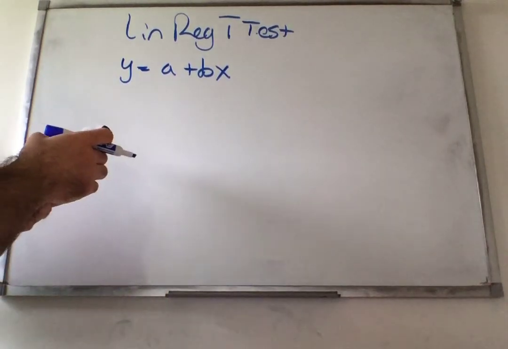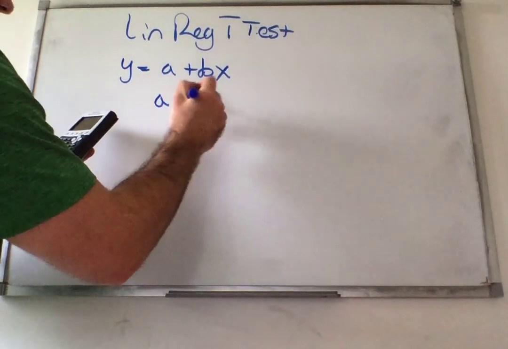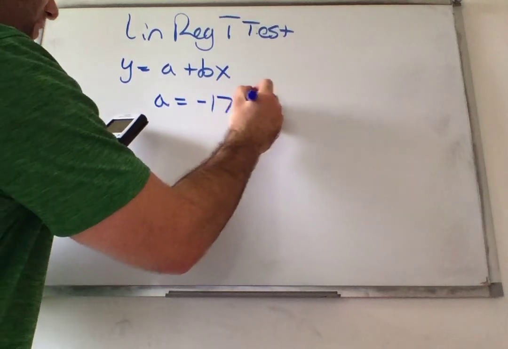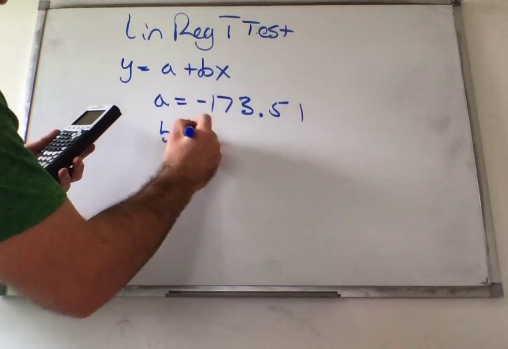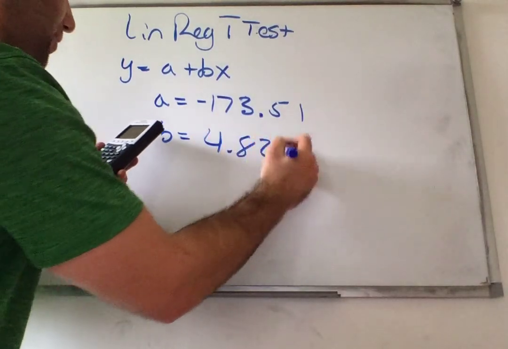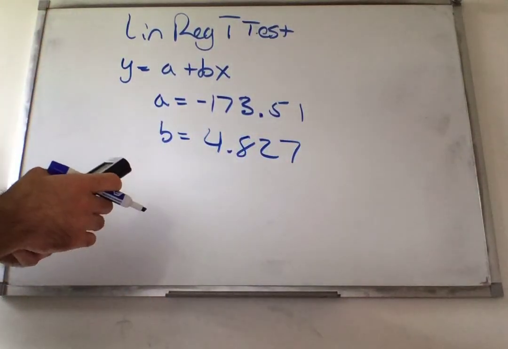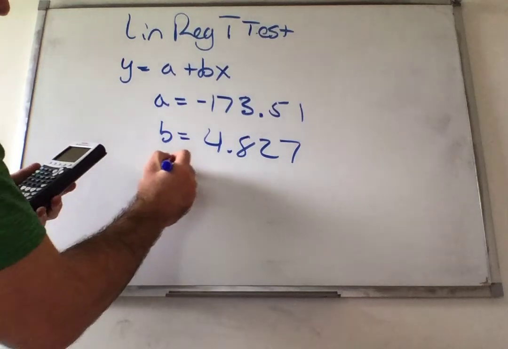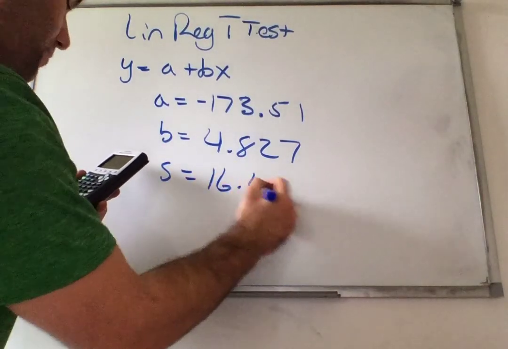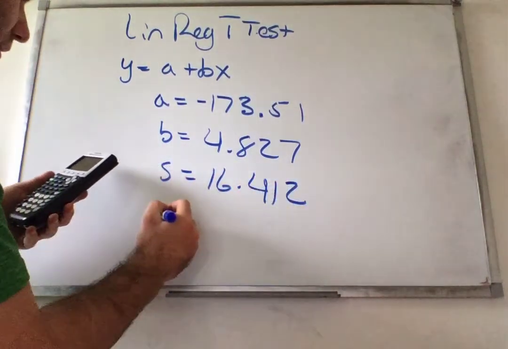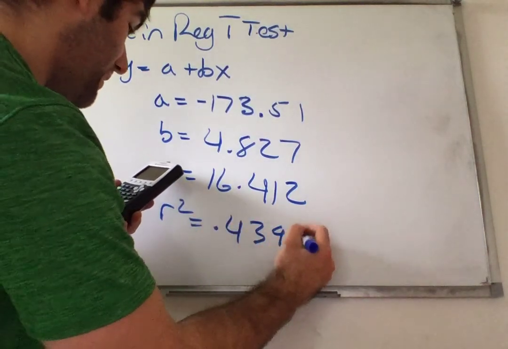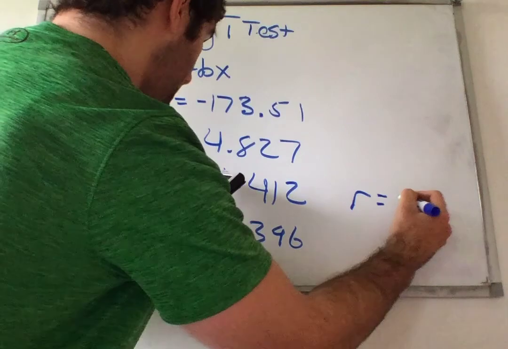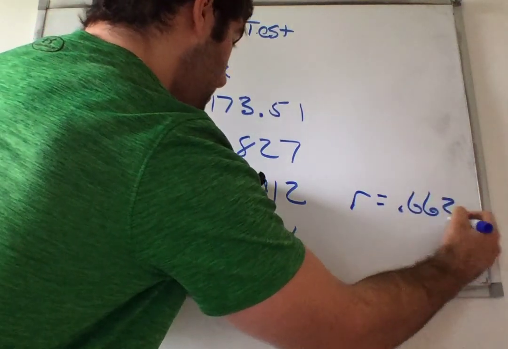If we scroll down a little further, it tells us what the a is. It's negative 173.51. b is equal to 4.827. Now, if you scroll down, you see s is equal to 16.142. R squared is 0.4396. And we have another number, r is equal to 0.663.